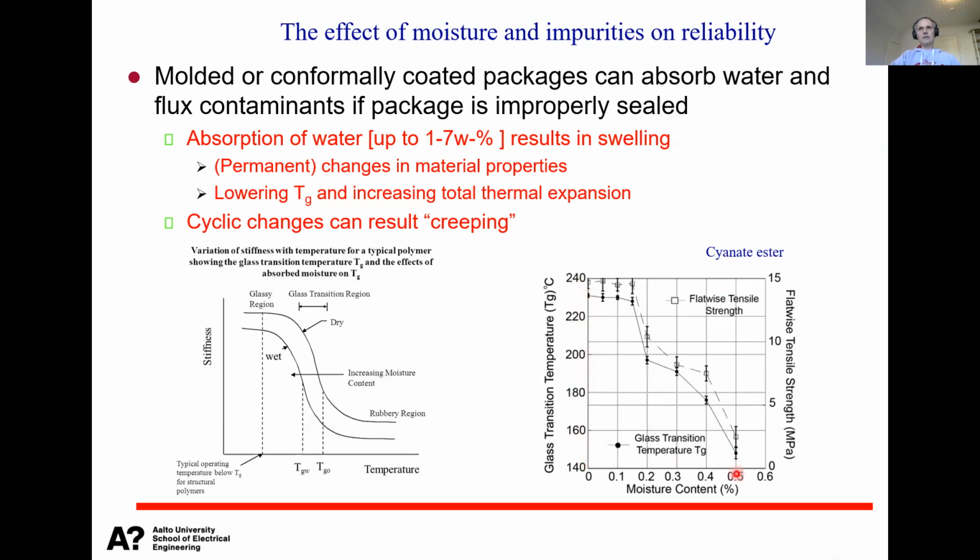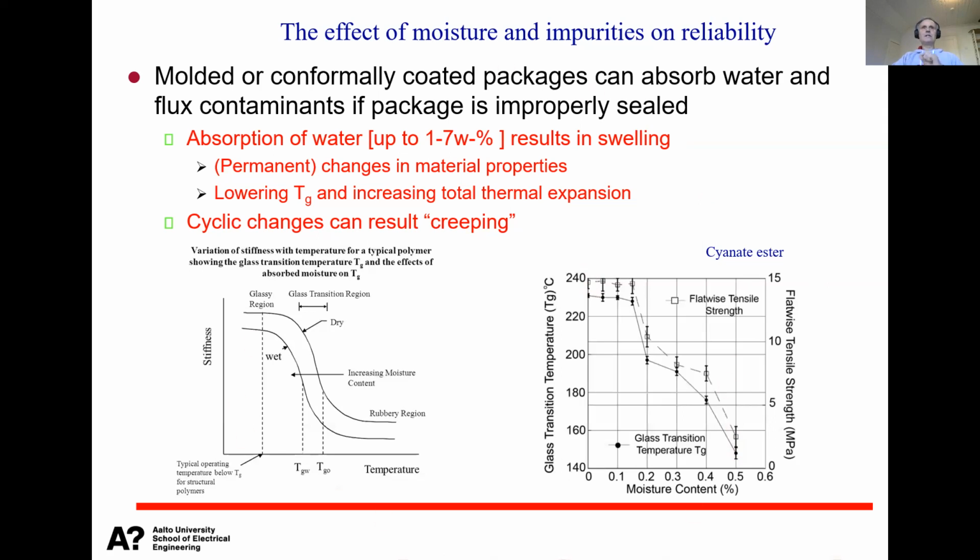And simultaneously, the open rectangles show the tensile strength. It is first 15 megapascals, and then it has dropped down to something like less than 3 or less than 2 megapascals. So the strength has decreased. What is that in percentage? It's 80 to 90%.